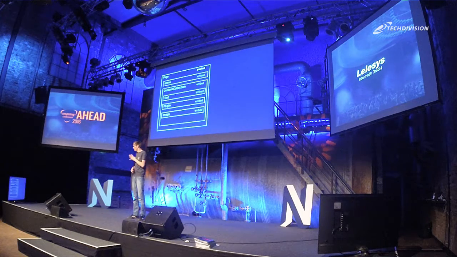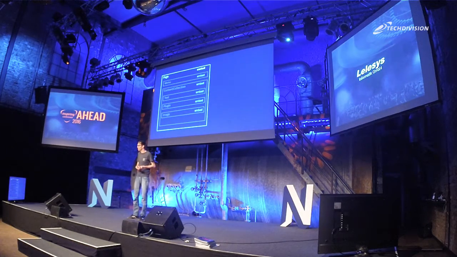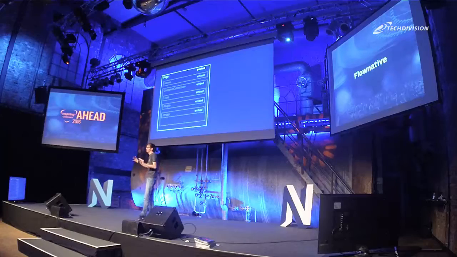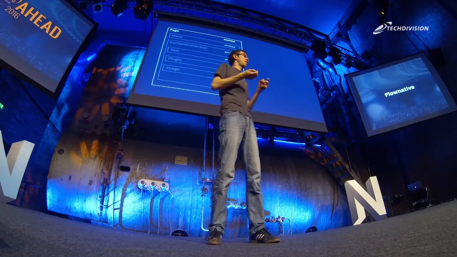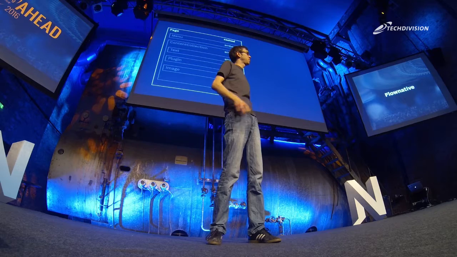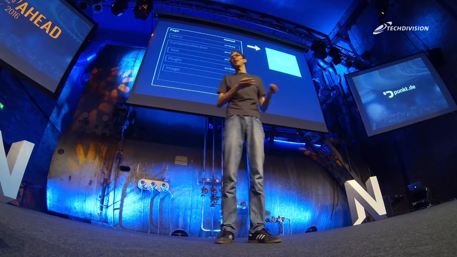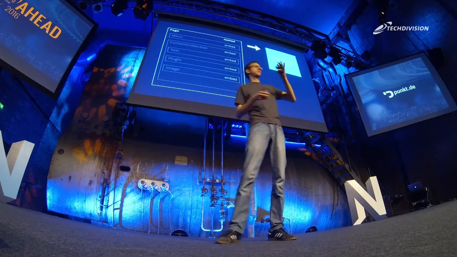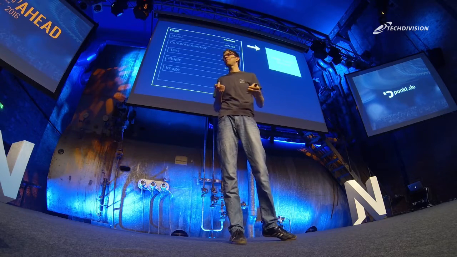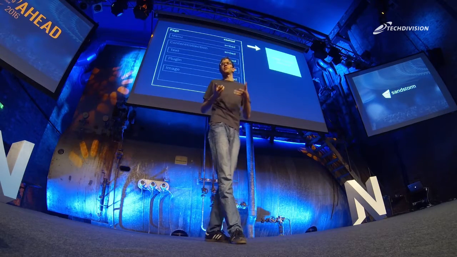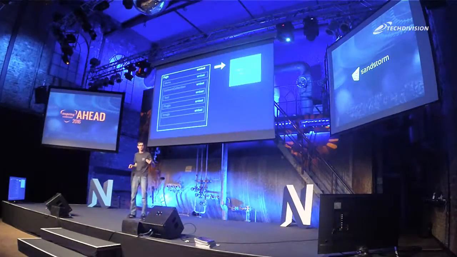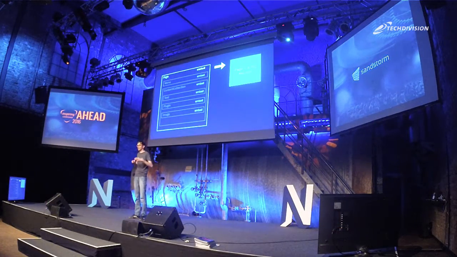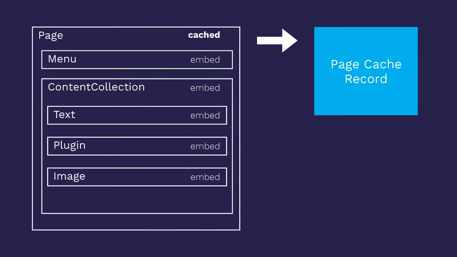If I configure it this way, which is the default, there's just one big part, the page, which is cached, and the cache entry for the page contains the rendered menu, text, plugin, and image. That's actually pretty simple, right? This is how it's done in many other systems: we basically only cache at the page level. We have a URL, we cache it, render the whole thing, and that's it. That is the most simple case you can start with.